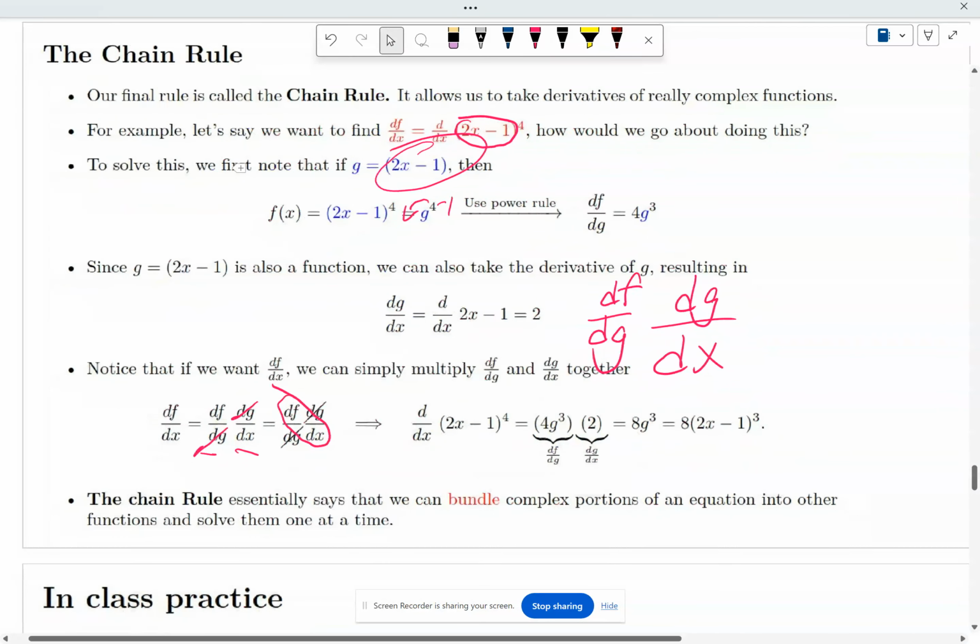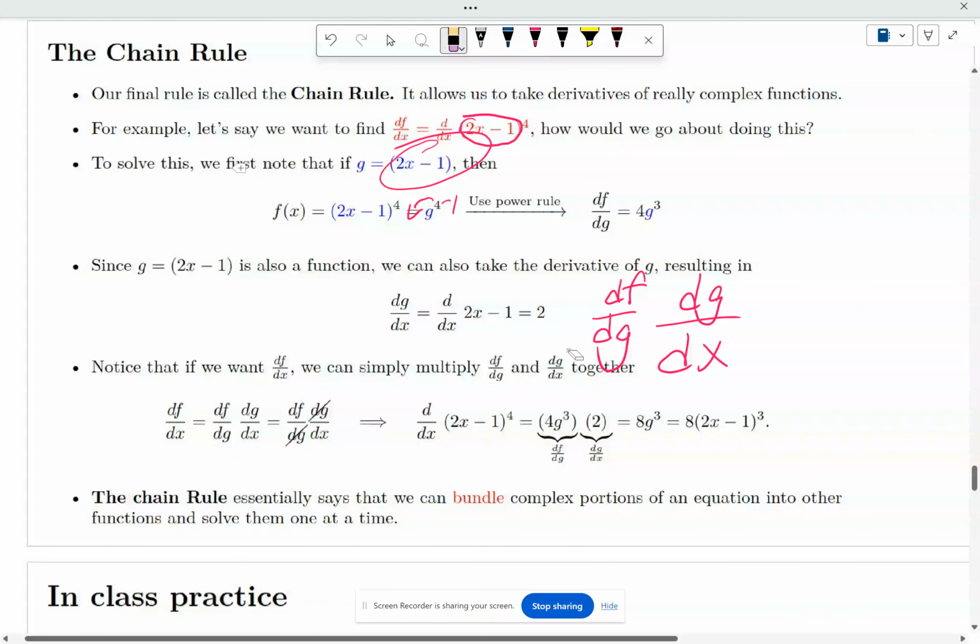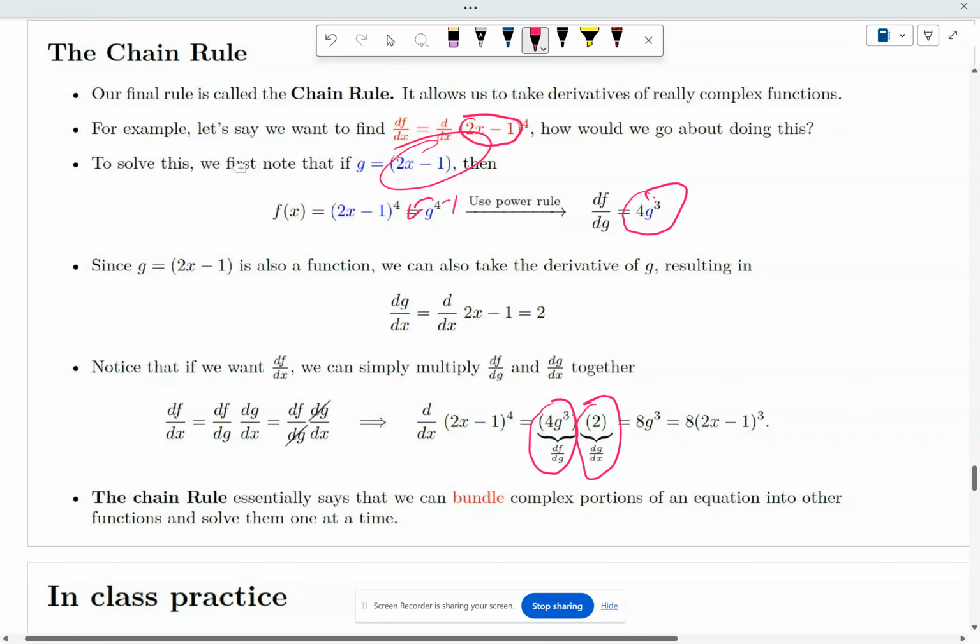So all we have to do is multiply them together. Over here, we have df/dg, and then dg/dx here. When we multiply, 2 times 4 is equal to 8. So the result is 8g cubed. Well, what was g? We said g is 2x.